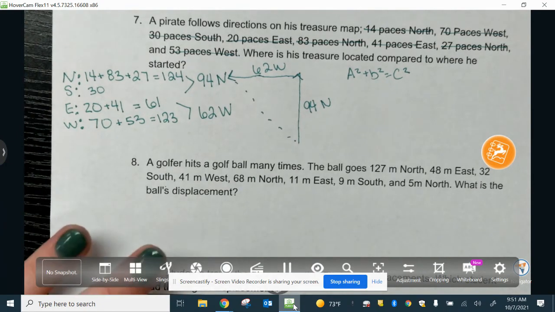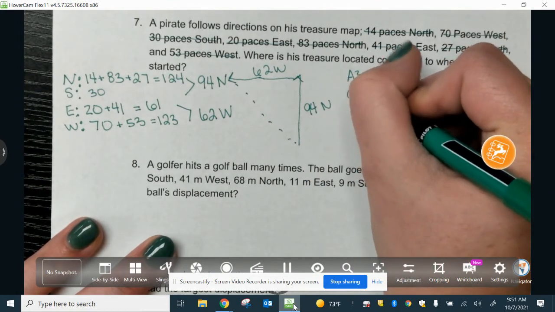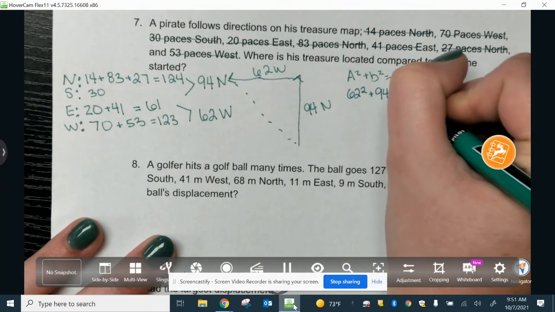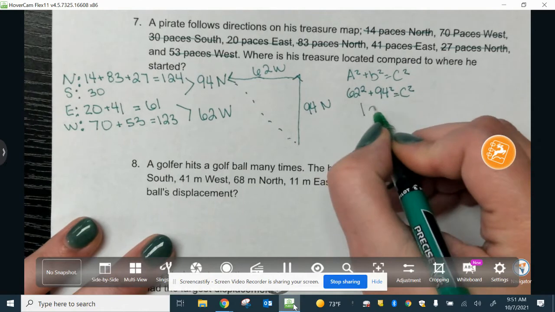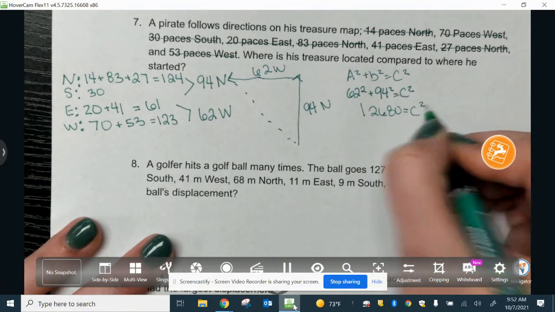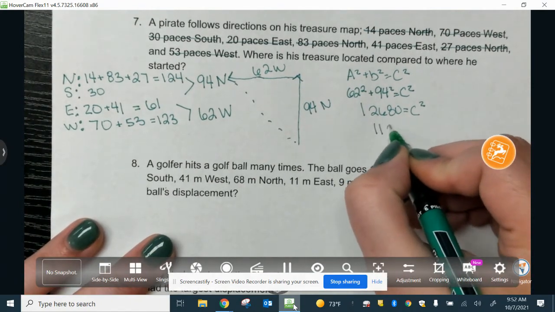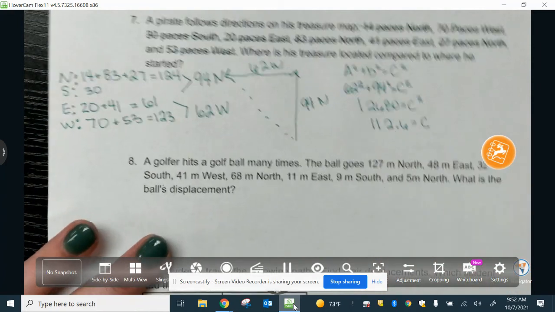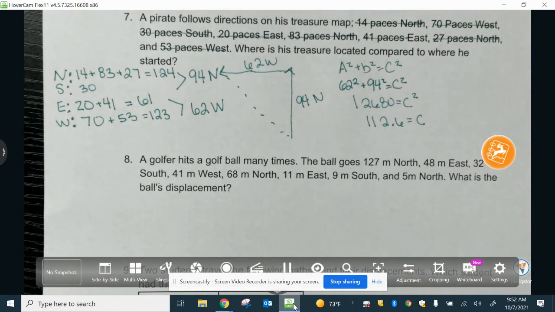It's the same formula, I promise. 112.6 paces.